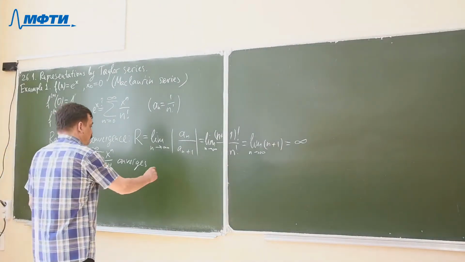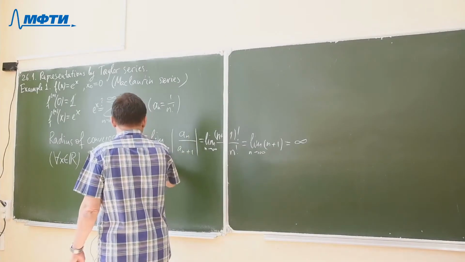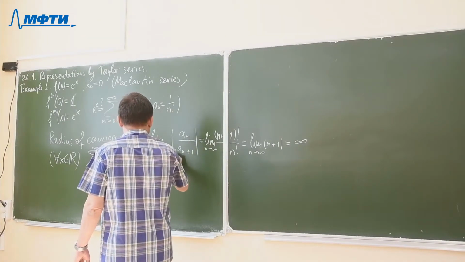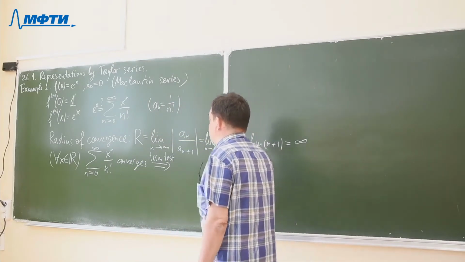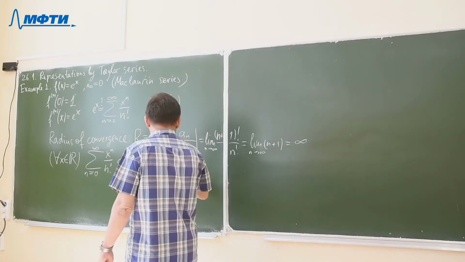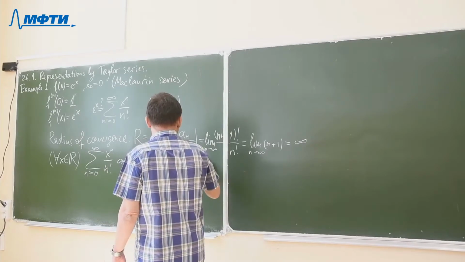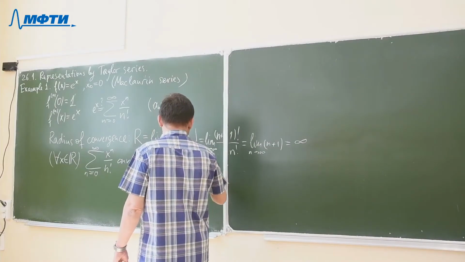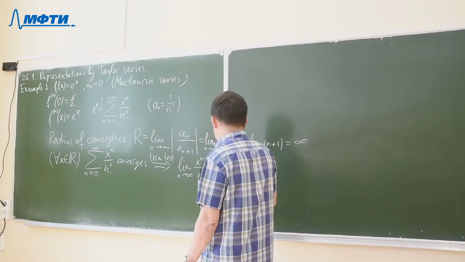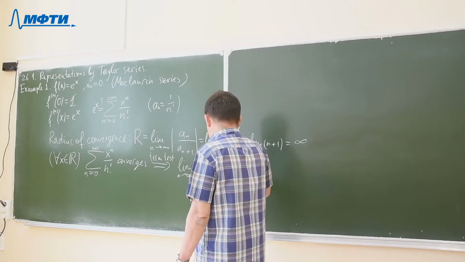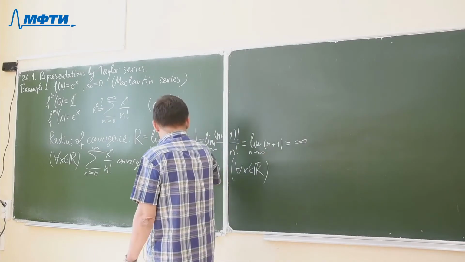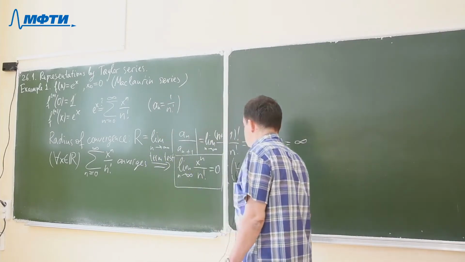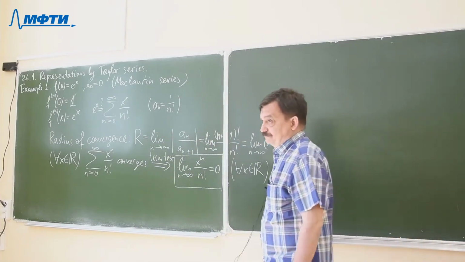And in particular, by the term test, or necessary condition, we deduce that the limit as n tends to infinity of x to the power n over n factorial equals 0. Once again, remember, for arbitrary x. This fact will be used a little bit later.